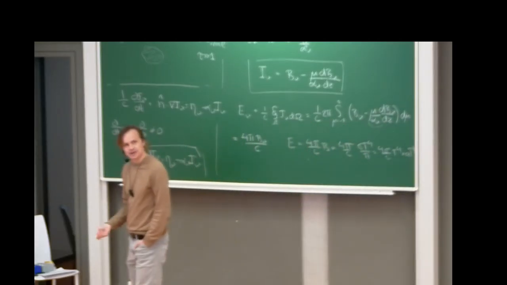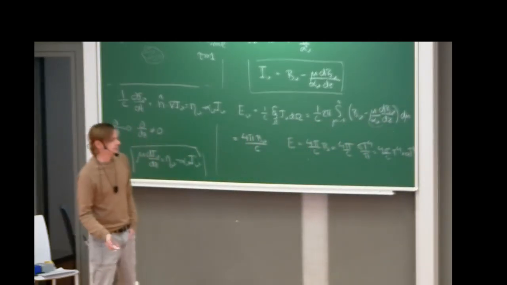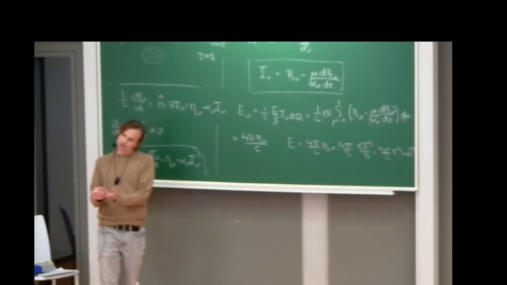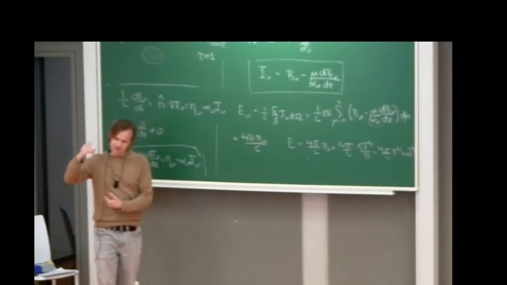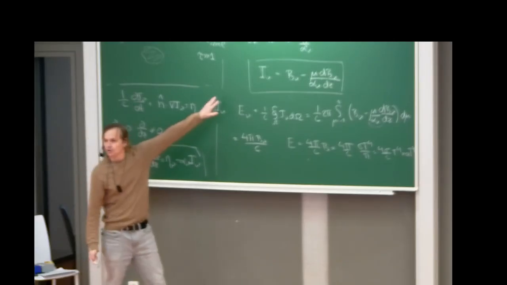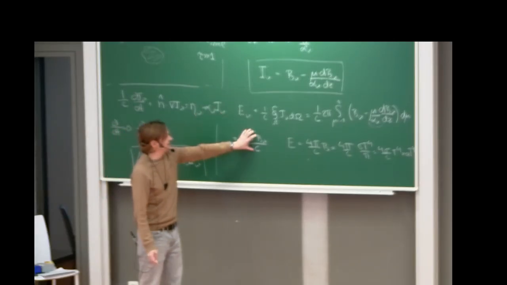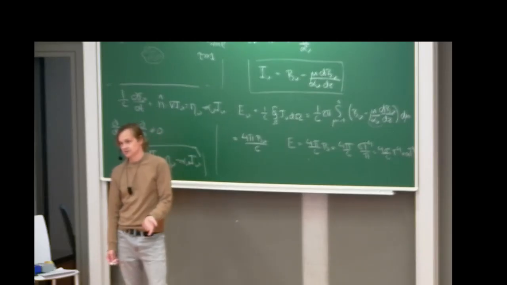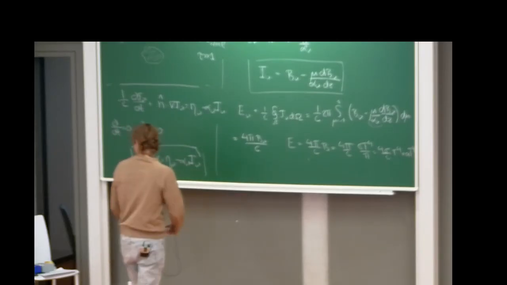It's the equilibrium value. So the energy density, or the mean intensity, if you prefer to work with that, that's just the first angular moment of the specific intensity, is unchanged in the diffusion approximation. That's the first result.